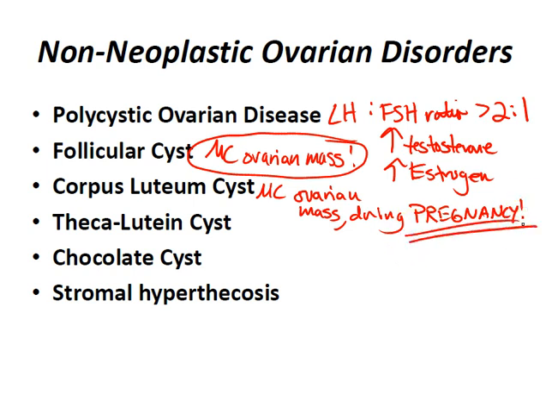The most common ovarian mass during pregnancy is the corpus luteal cyst, and the follicular cyst is the most common ovarian mass overall. Most regress spontaneously.